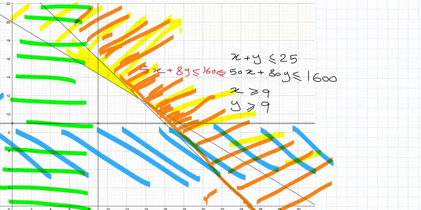Then pick some coordinates with whole numbers. That gives the number of brown cows and black cows. X was used for the brown cows. So the farmer can buy, the coordinate of this point is 10, 10, so 10 brown cows and 10 black cows.